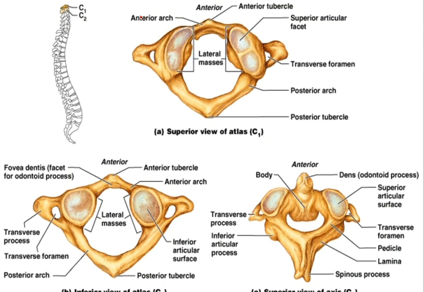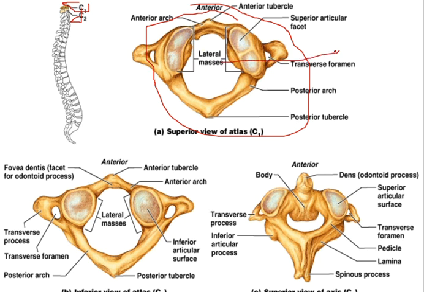Other diagrams to show the atlas and axis. You can see this is the atlas, the first cervical vertebra, then the axis, which is the second cervical vertebra. Here is our atlas. As you can see, the characteristics we said: a wide neural canal here for passage of the spinal cord.